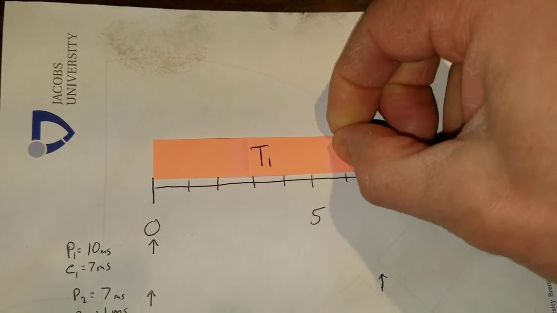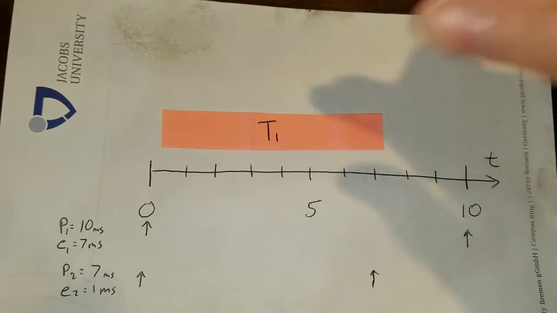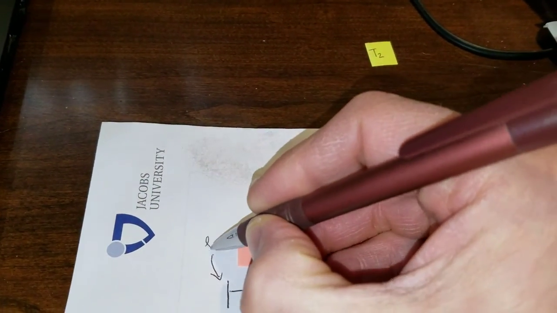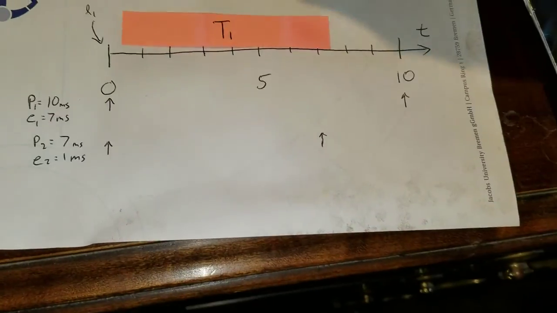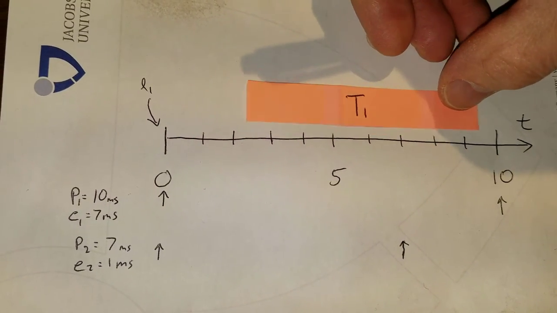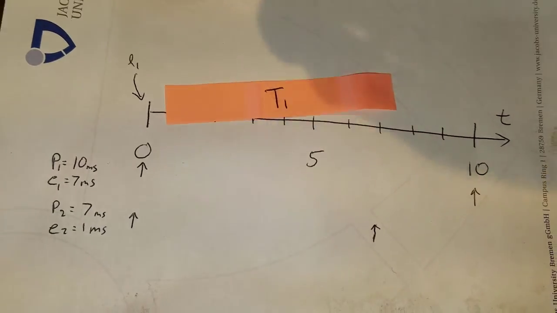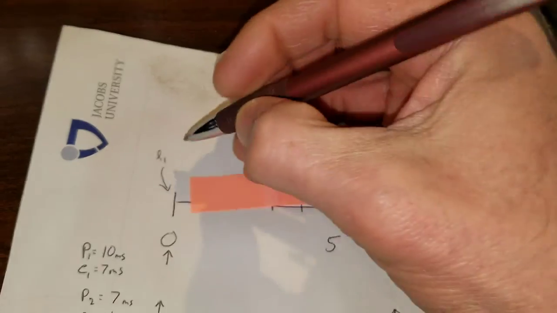The laxity of task 1 at time t equals 0, and that time is important, is just 3 milliseconds, because it's the deadline, which is 10 milliseconds away, minus the execution time of 7.